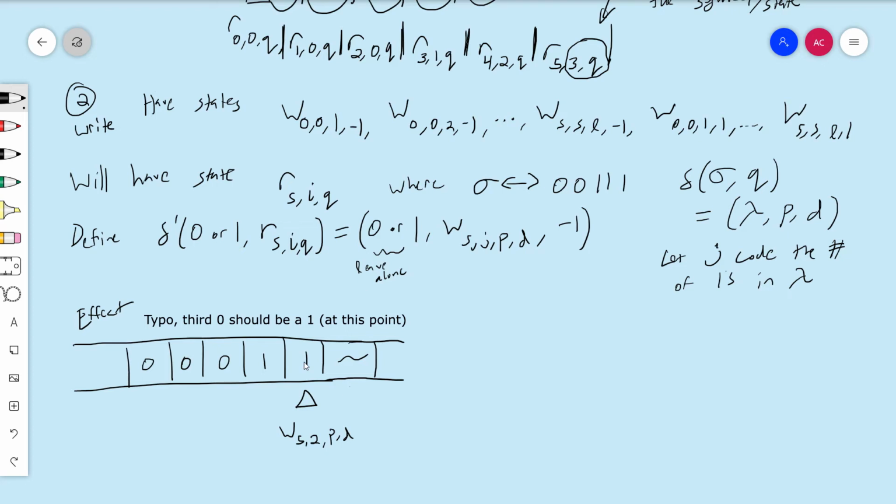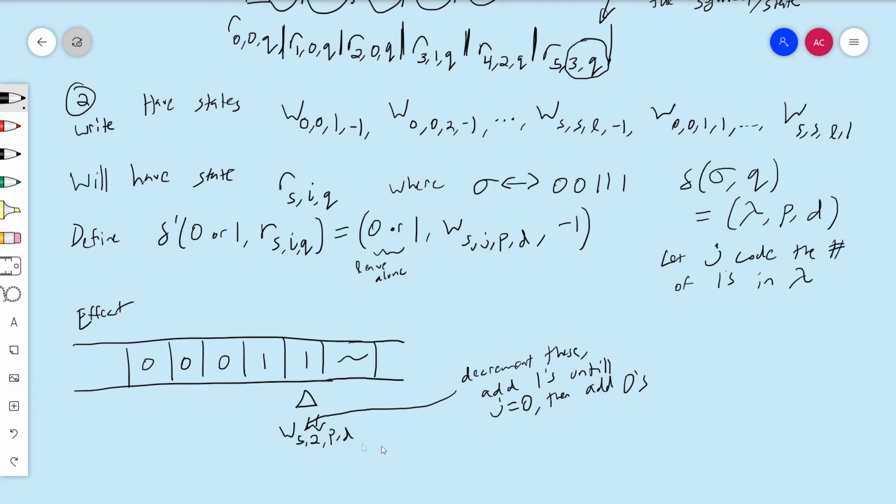So that's the idea: decrement these, add ones until J equals 0, then add zeros. So that'll write in the new number, and then keep these two things the same.